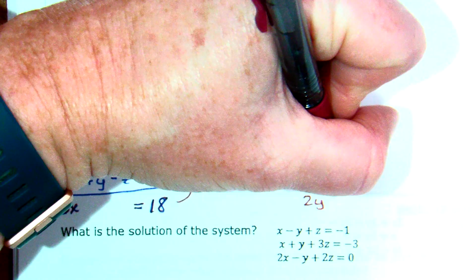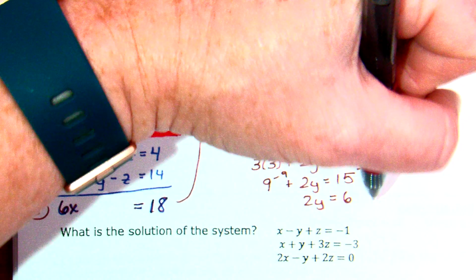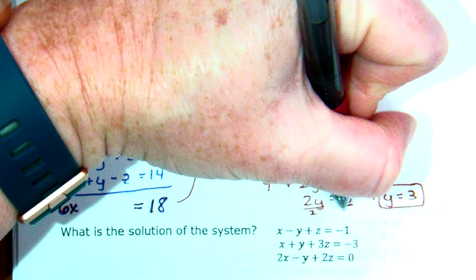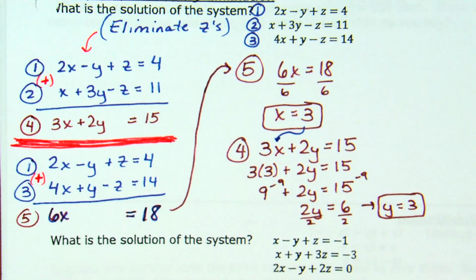Subtract the 9 over. 2y equals 6. And y is 3, because you can divide by 2. Okay? I would say that I'm 2/3 of the way done with this problem. I know x, I know y.